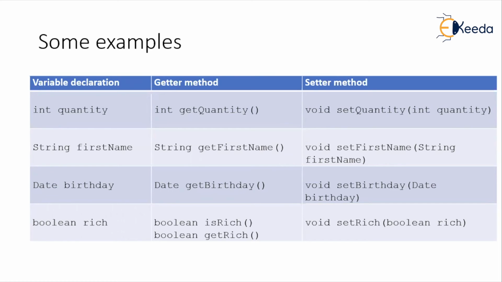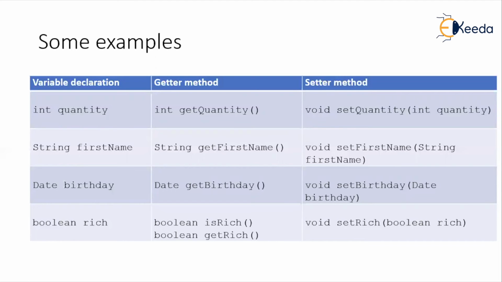You can see that for int it is specified as int getQuantity and void setQuantity. For Date birthday, getBirthday and setBirthday. Date is a predefined class in Java.